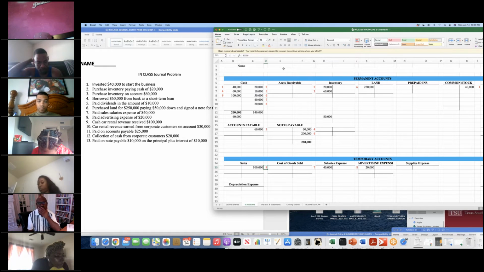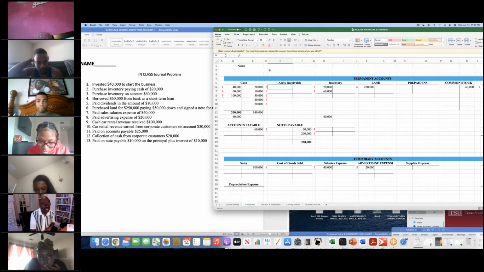Let's see. What I can always do is insert another column. I'll just try to keep track of them, but we could put another little column in here. But we'll assume we're keeping track of them. So we're going to debit accounts receivable 30,000 and credit what?